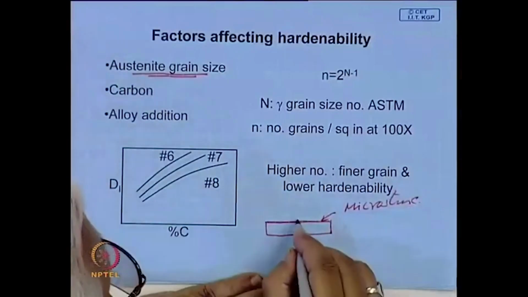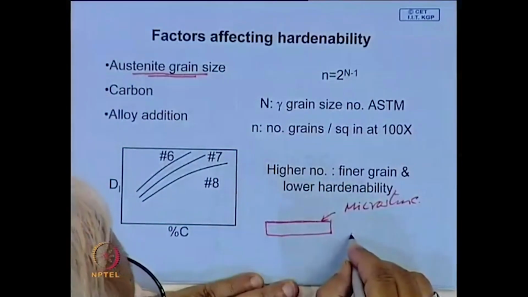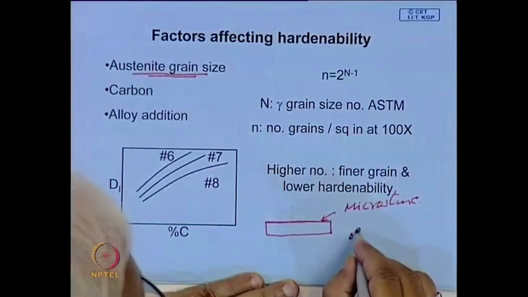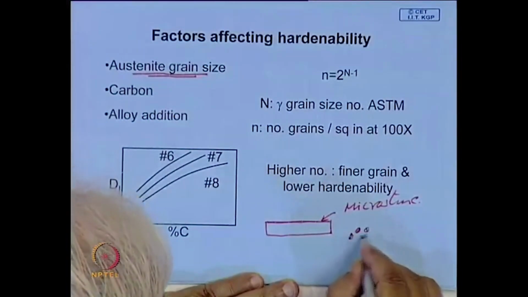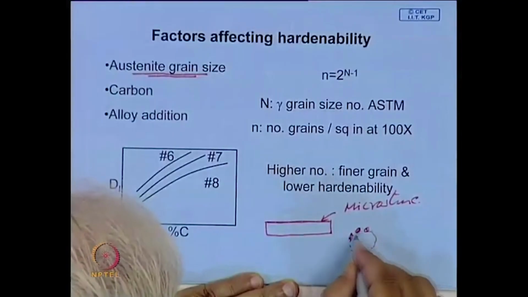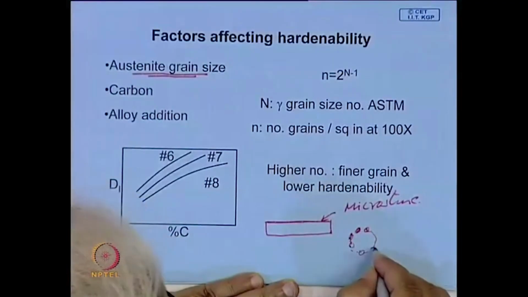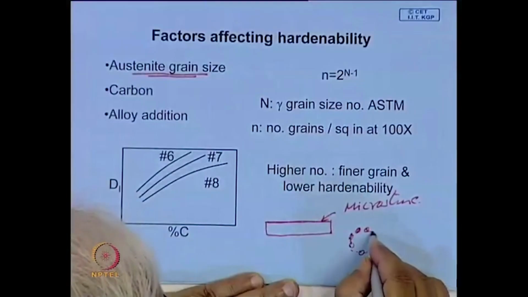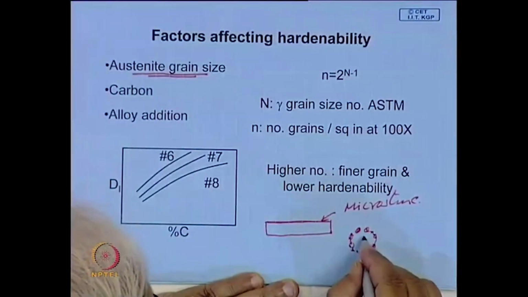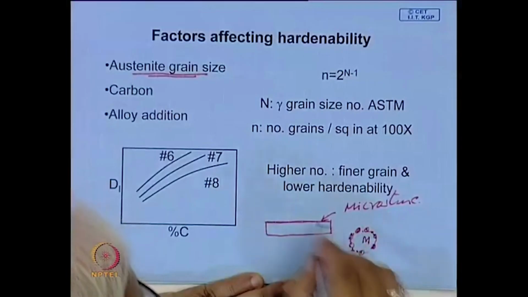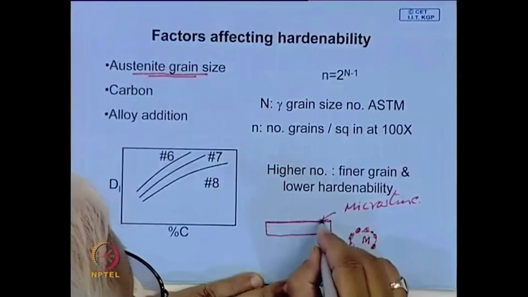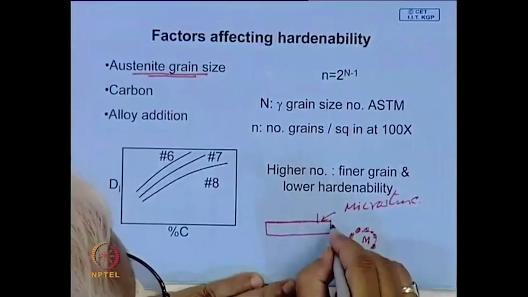If you look at that microstructure, in some places you will find pearlite nodules existing around the prior austenite grain boundaries. Here this portion is martensite. This will happen in the Jominy end quench, where this is the quench end.